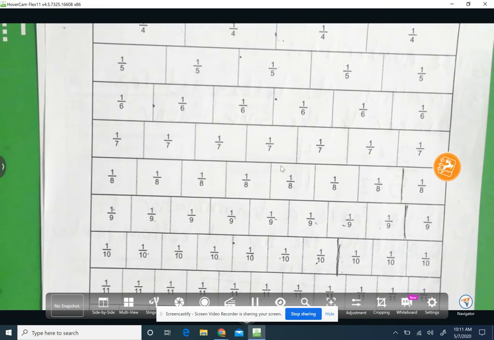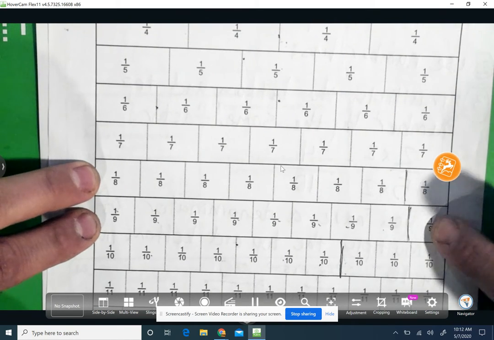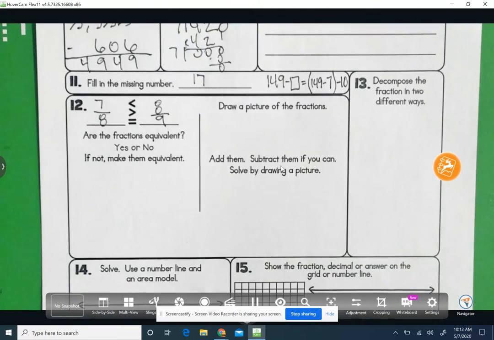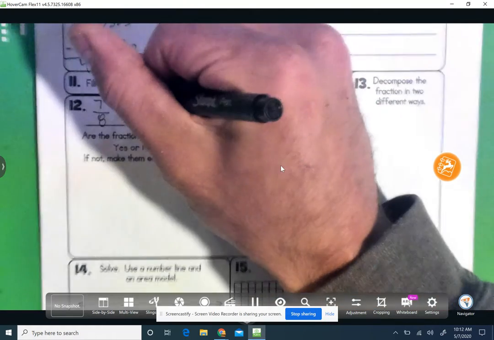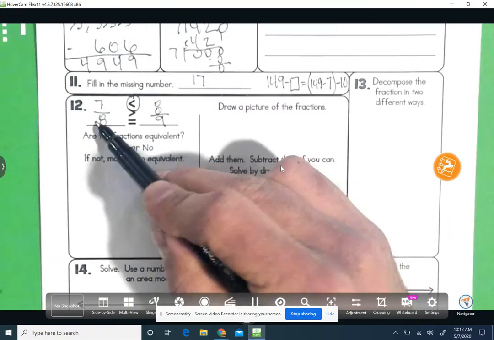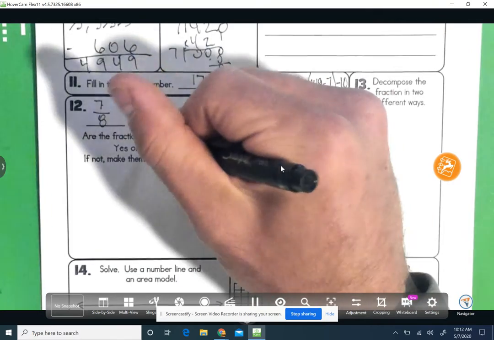Now I'm looking at this table here. I'm going to say that 8 ninths is greater than 7 eighths, or 7 eighths is less than 8 ninths. Are they equivalent? No, they're not equivalent.